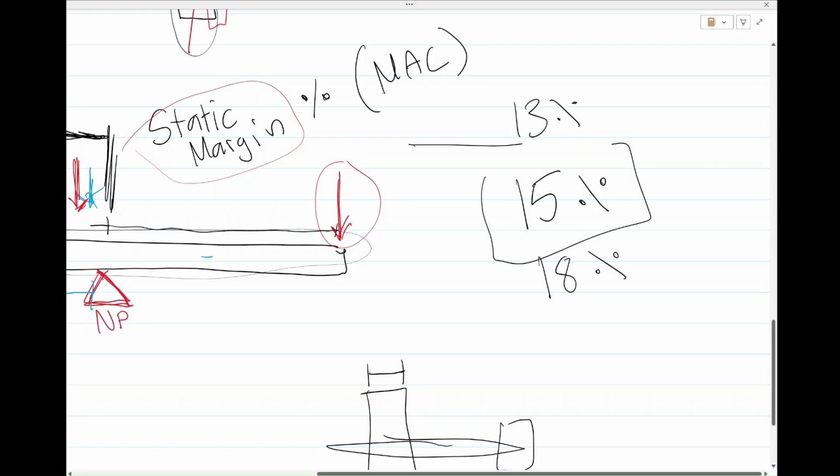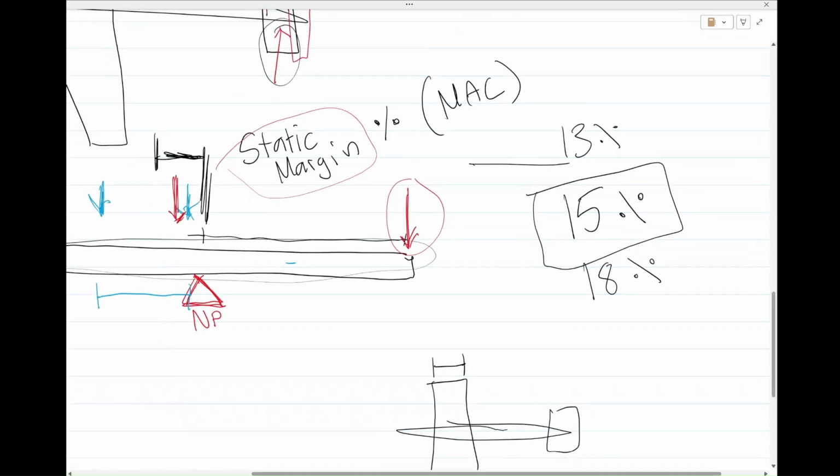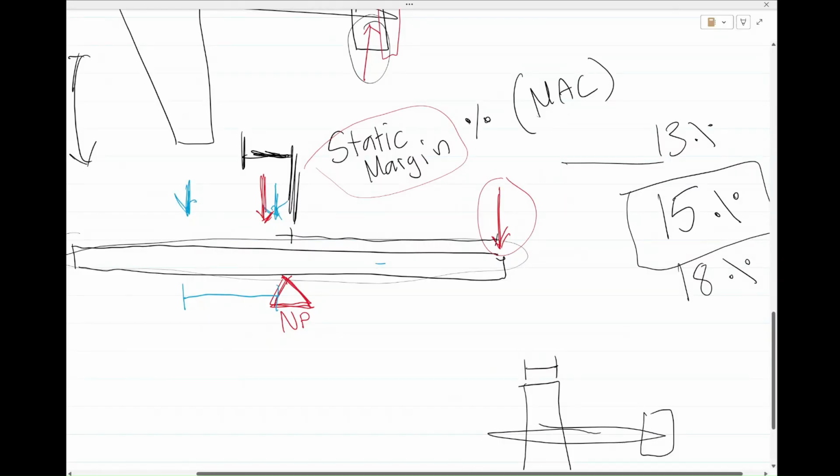Your static margin is the distance between your center of gravity and your neutral point. 15% is a really good number. We use it, depending on the aircraft that you're making. Your tail won't have too much authority. It'll be stable. It won't twitch, and it won't fall out of control.